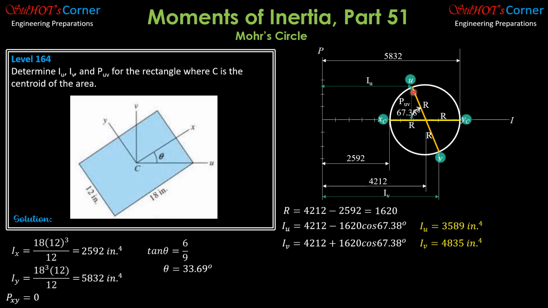Finally, P sub uv is r sine 67.38, from this right triangle. So P sub uv is r sine 67.38, and it is equal to 1495 inches to the fourth.